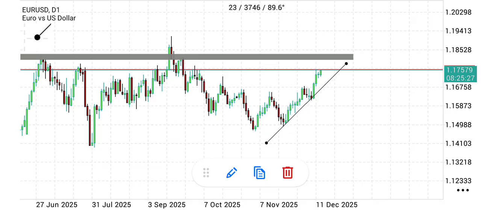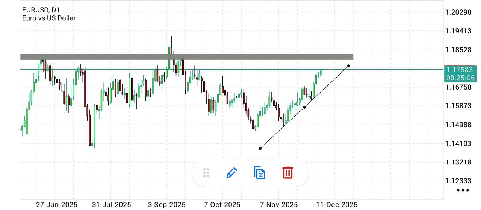I like my chart clean. I don't like to complicate my analysis. I make my chart clean so that I have a clearer understanding of where the price is about to head.